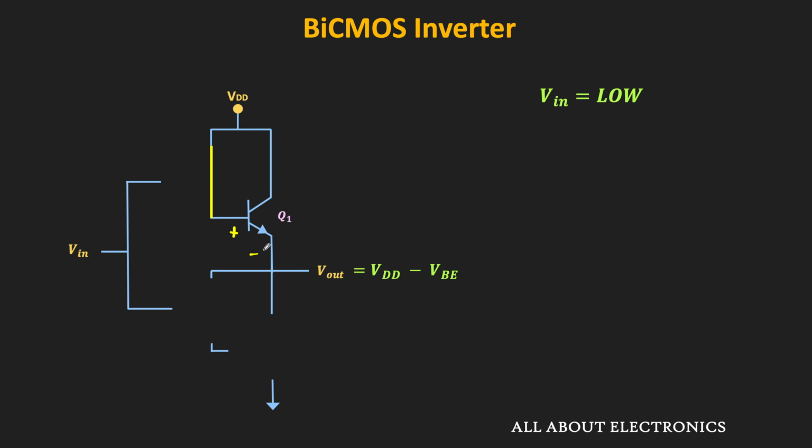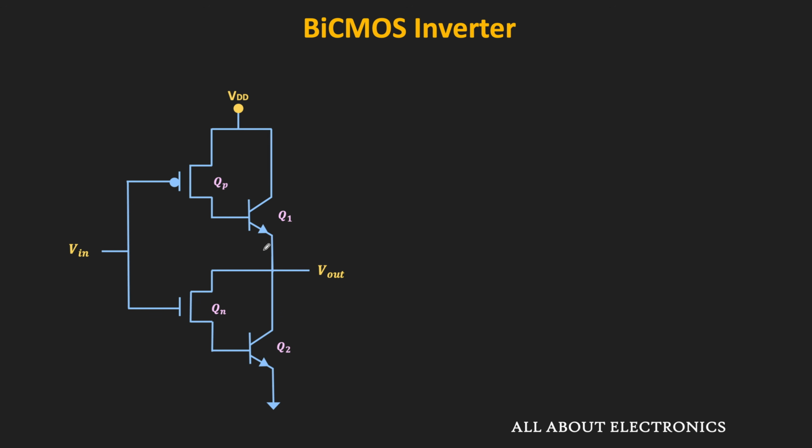Similarly, let us see the working of the circuit when the input is high. Whenever the input is high, the PMOS transistor will remain in the off condition, and it will act as an open circuit for Q1. Therefore, Q1 will also remain in the off condition. On the other hand, when the input is high, this NMOS transistor will get turned on, and therefore it will act as a short circuit.